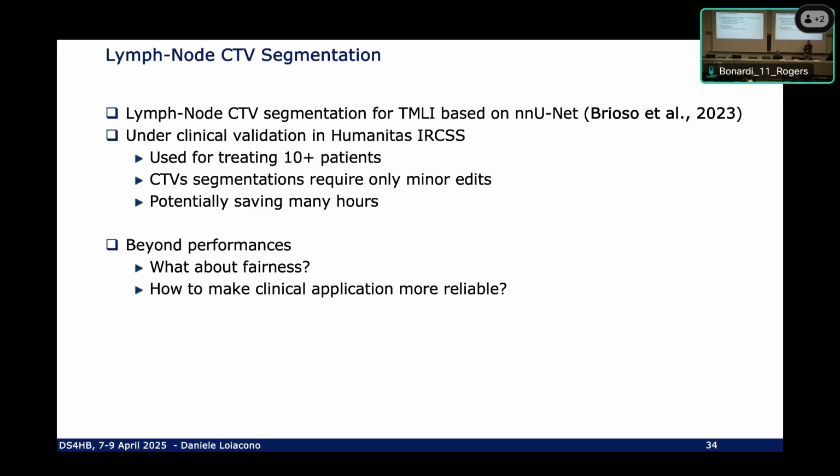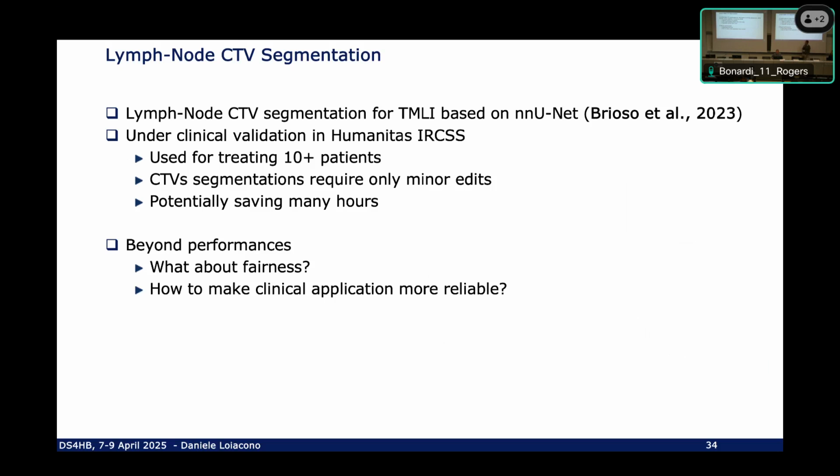But what I want to quickly present in the last couple of minutes is some activity we are doing on the analysis of these models in terms of how to integrate them in the clinical practice.